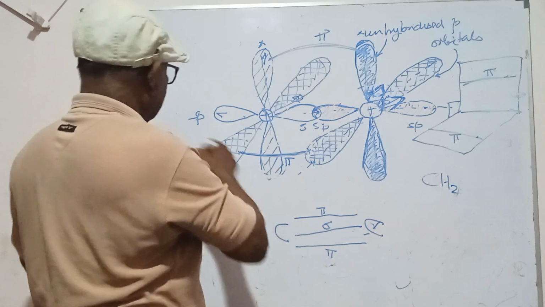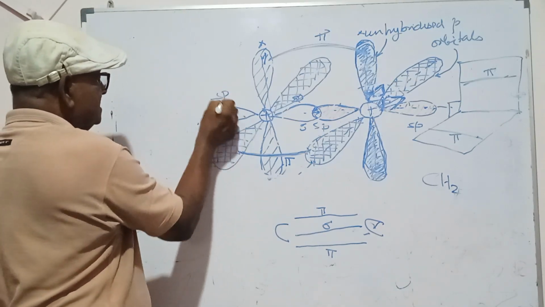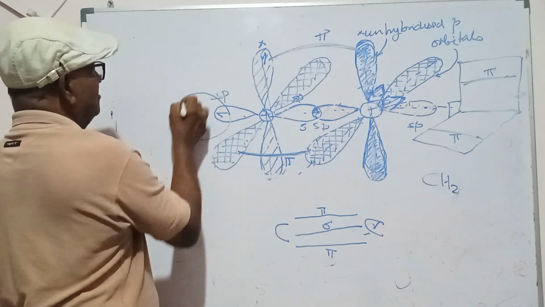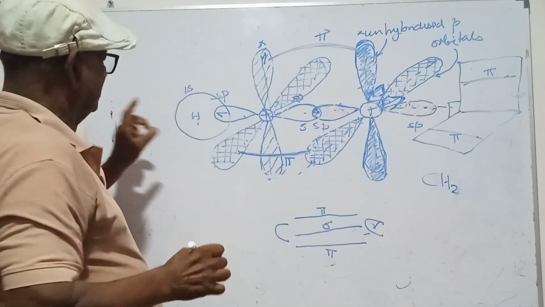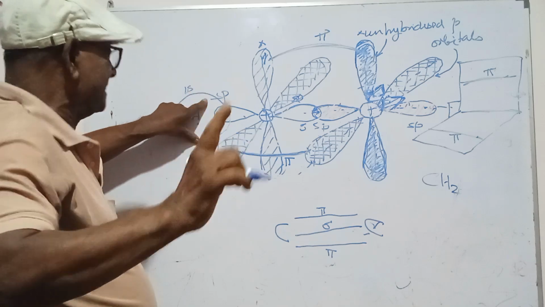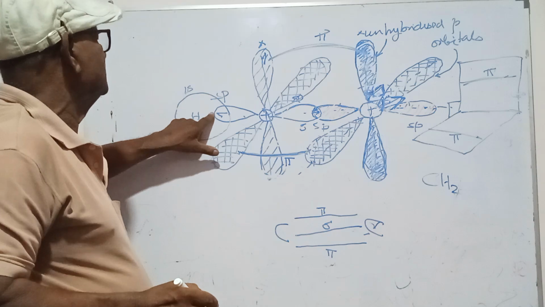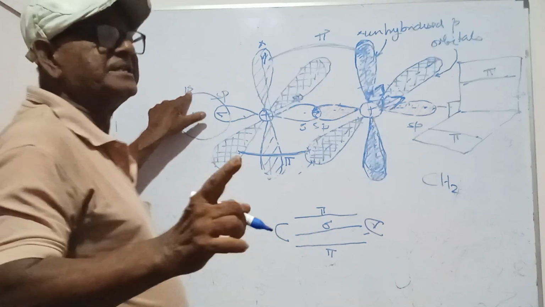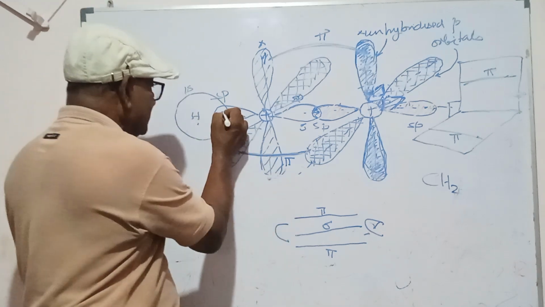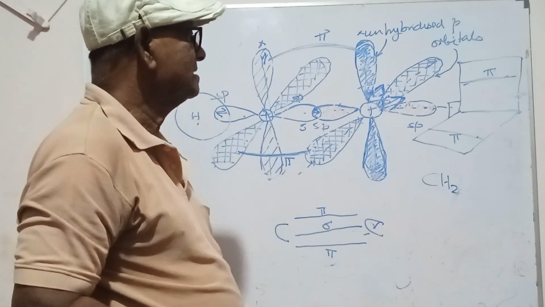Then, after that, two H atoms come here. H atoms, one s orbital. So, we know that a hybridized orbital undergoes linear overlapping with one s orbital of hydrogen, forming a sigma covalent bond.